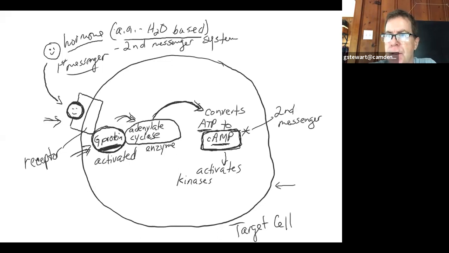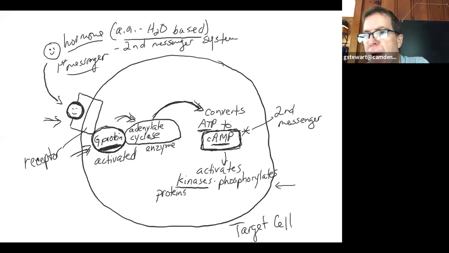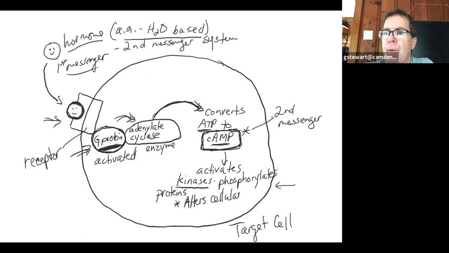What they do is they typically phosphorylate proteins, which alters the metabolic activity of this cell, either increasing the metabolism of this cell, or it can also inhibit it. So last thing I'm writing here is it alters cellular metabolism.